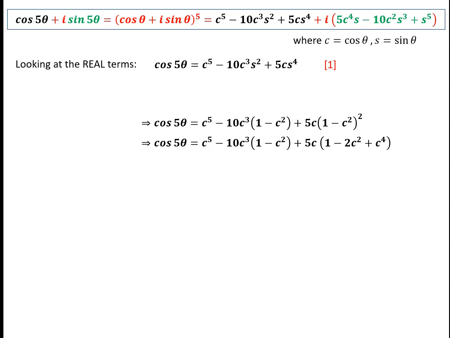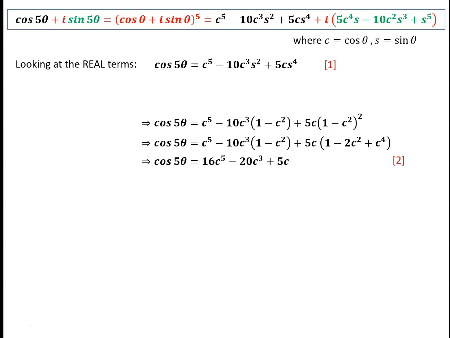Now tidying this up, if we first of all look at the c to the 5 terms, we've got c to the 5, minus 10 c cubed times minus c squared, so that becomes plus 10c to the 5. And then I've also got from the final bracket plus 5c to the 5.